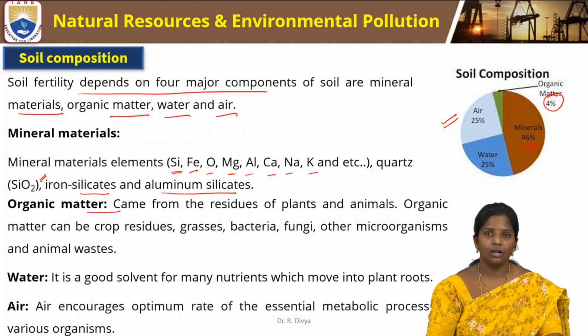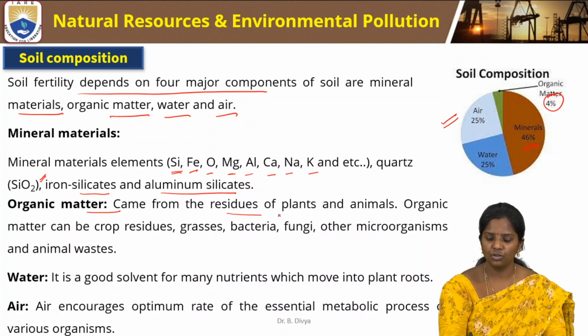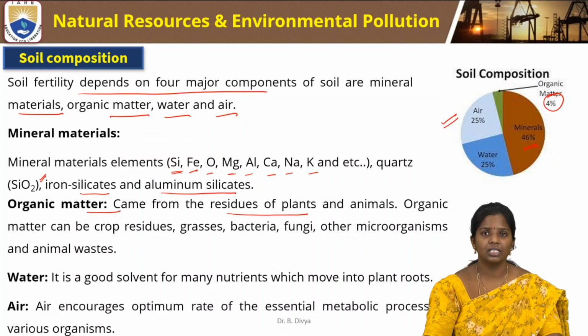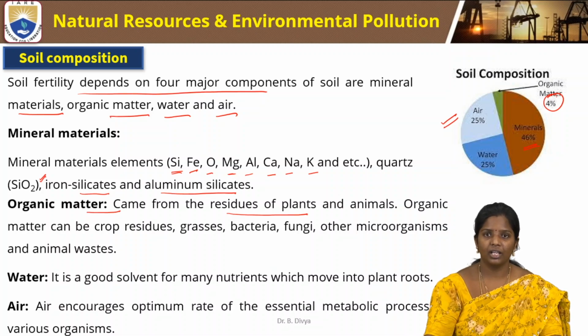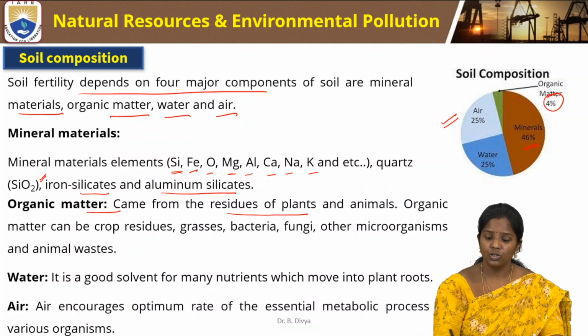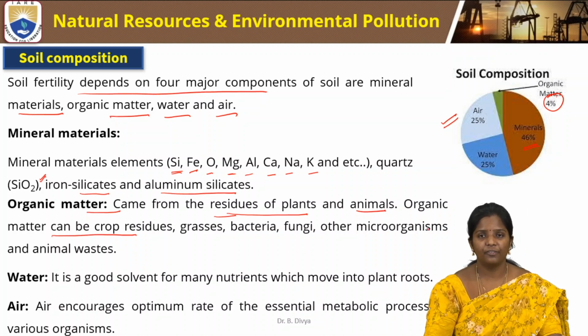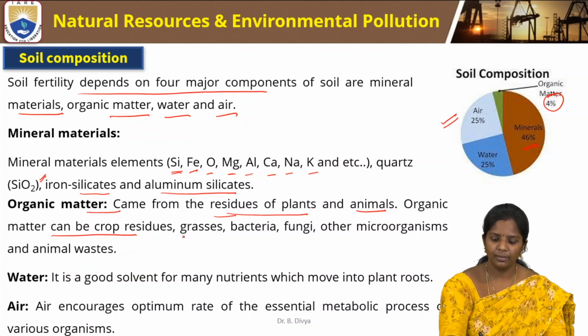Organic matter, coming to organic matter, came from the residues of plants. Obviously, the most important aspect to remember is the organic matter always comes from the plants, animals, and human beings. So, because of the carbohydrates that are present, the residues of plants and animals, then organic matter can be crop residues. So crop vegetation during cropping, also the wastage of the crop is also forming organic matter.